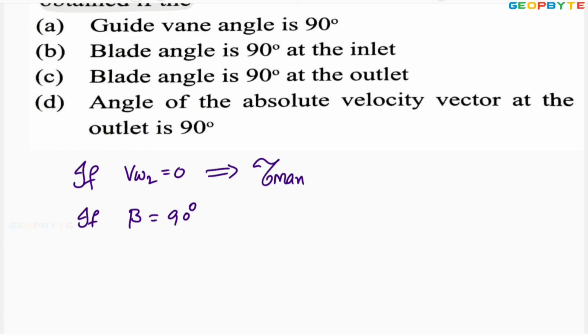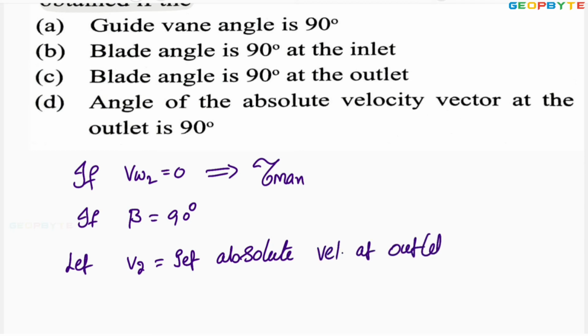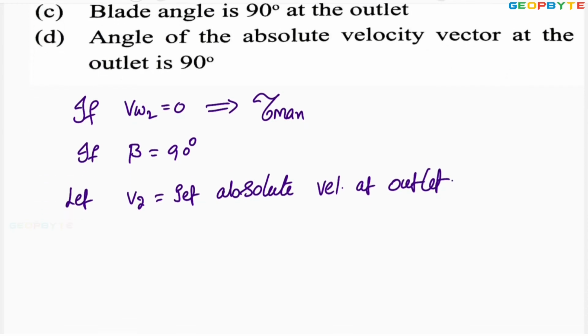That beta is what? The angle made by the jet while it is leaving. Let V2 equal to jet absolute velocity at outlet.